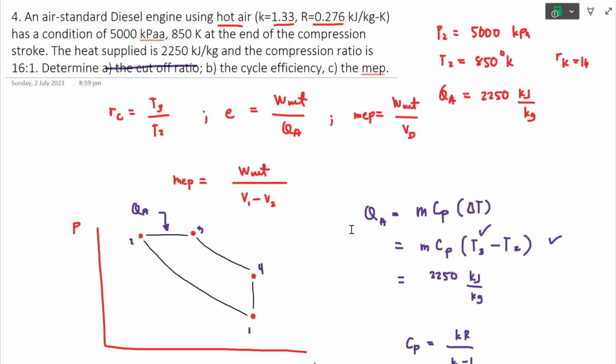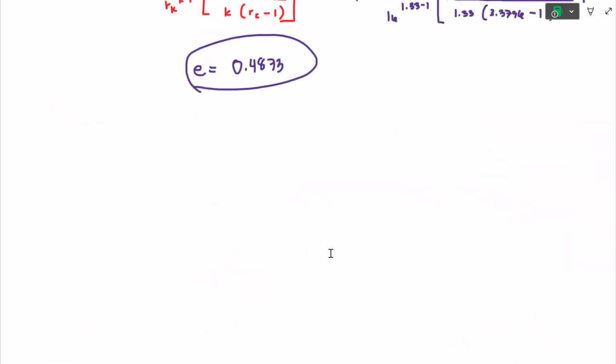How about yung MEP? MEP. Bale, ganito. Okay, MEP. Mean effective pressure. Minsan nilalagay nila PME. Okay? So this is work net divided by V1 minus V2.